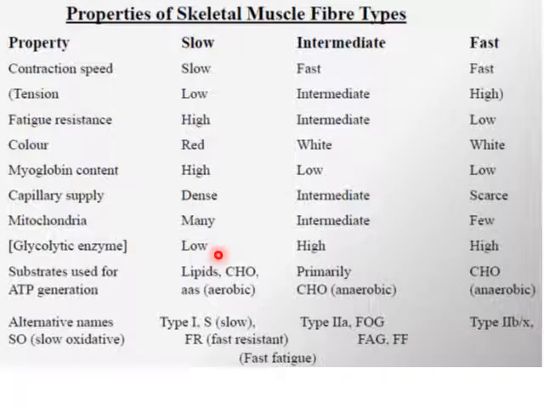Glycolytic enzymes obviously will be low in slow and high in others because they depend more on anaerobic glycolysis for their energy. The alternative names given here are type 1 slow, for intermediate it is fast resistant to fatigue, and for type 3 or fast fibers it is fast fatigable. Now this slow, FR and FF naming is based on the motor units related to these muscle fibers.